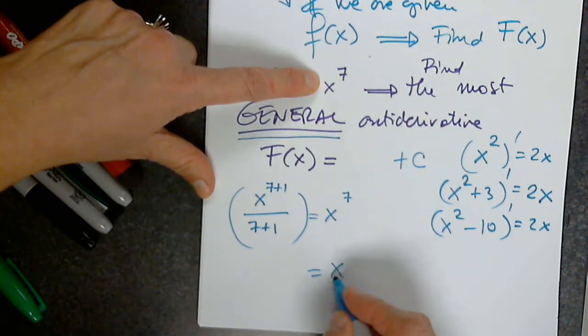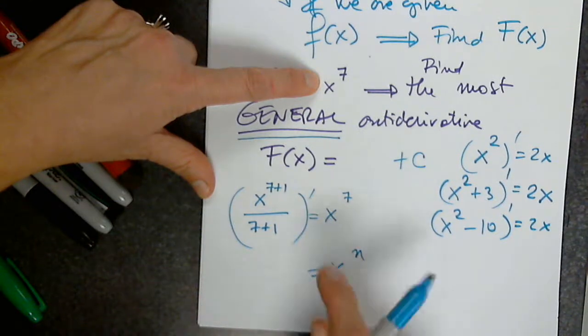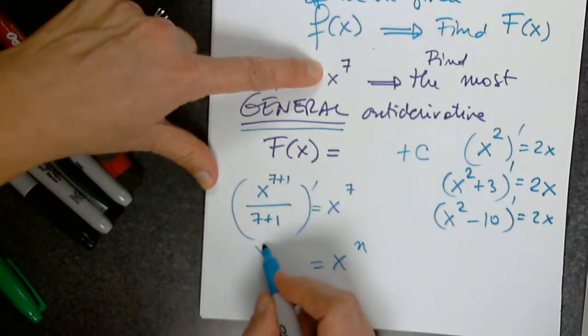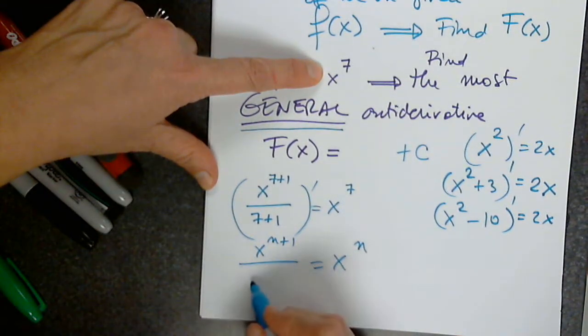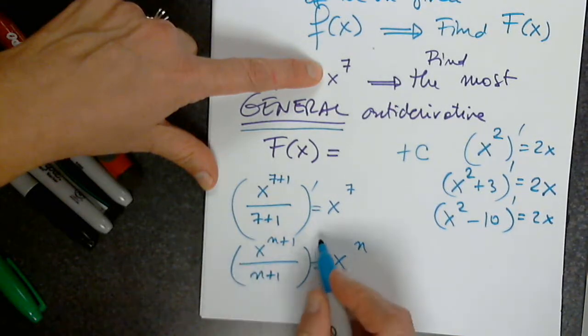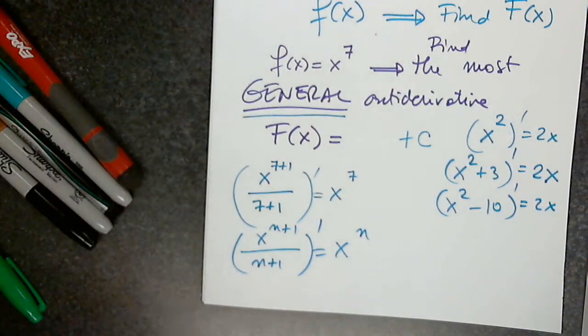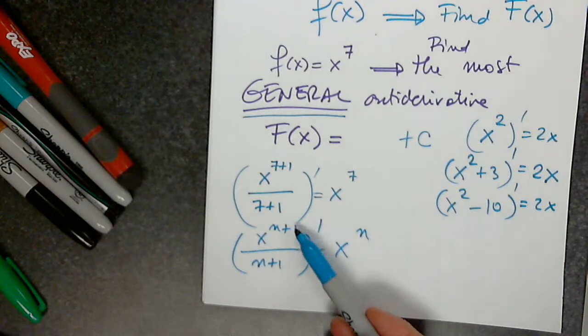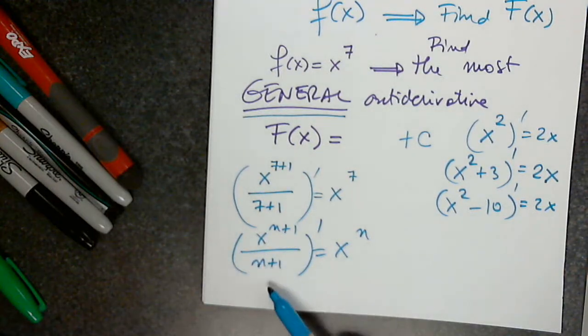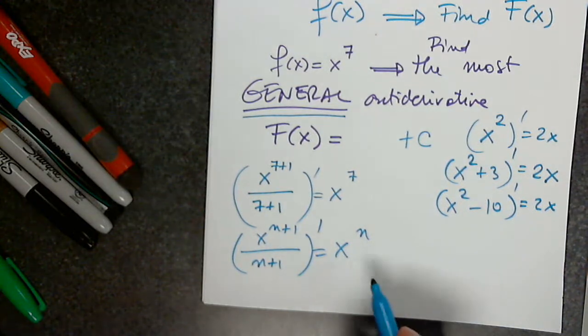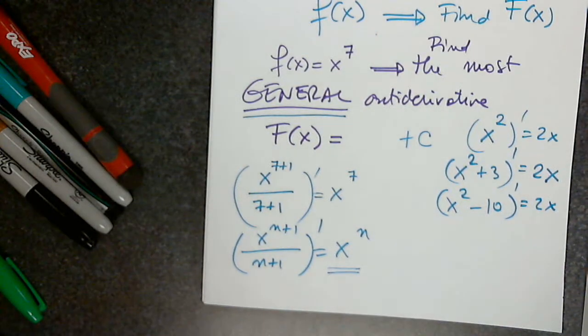In general, for x to the n, this is x to n plus 1 over n plus 1, prime. So I bring down the power n plus 1, I simplify it with the n plus 1 on the bottom, and I subtract 1 from the power.